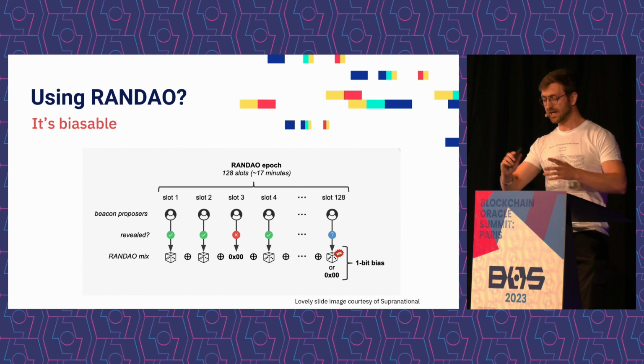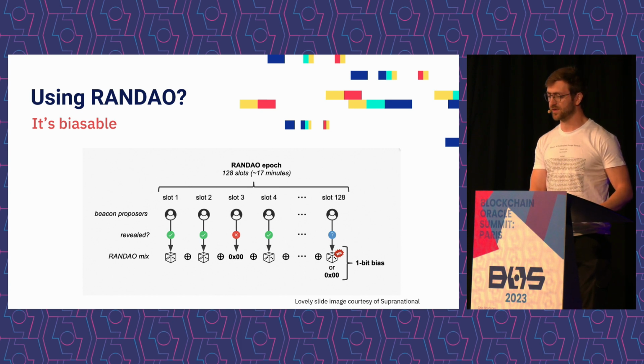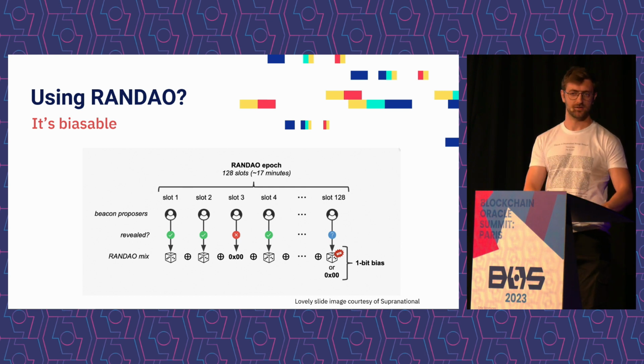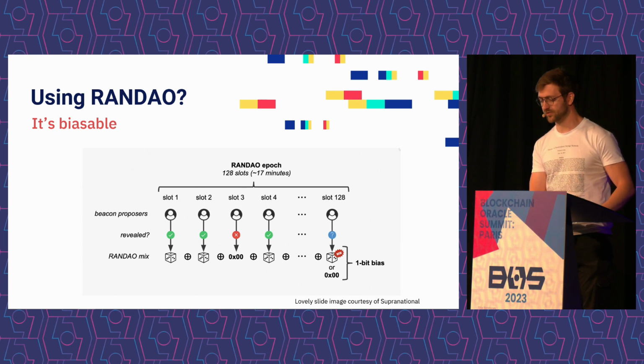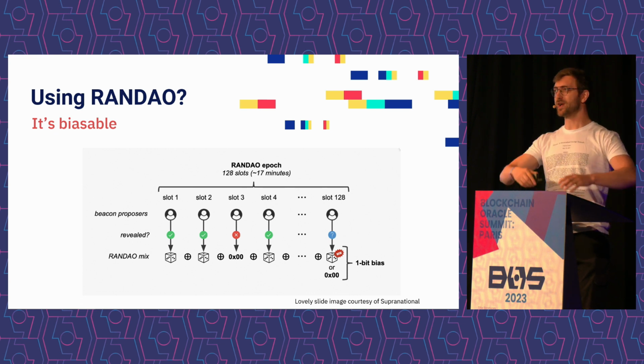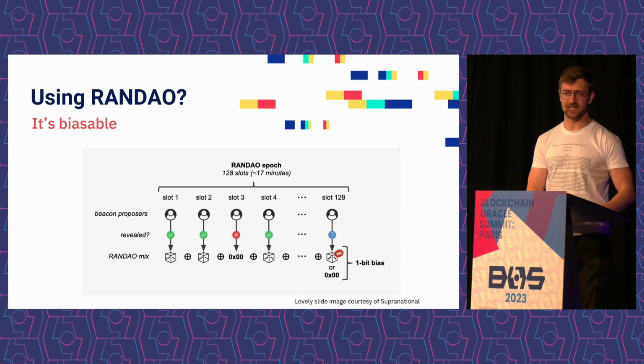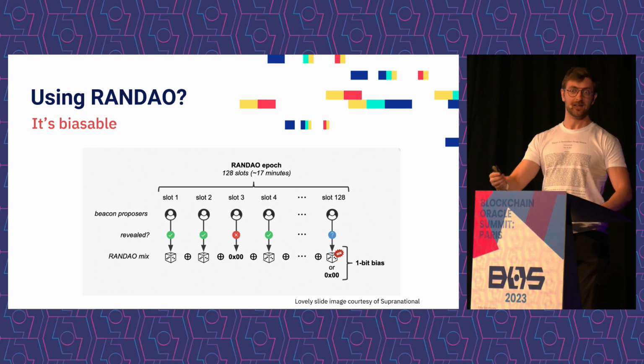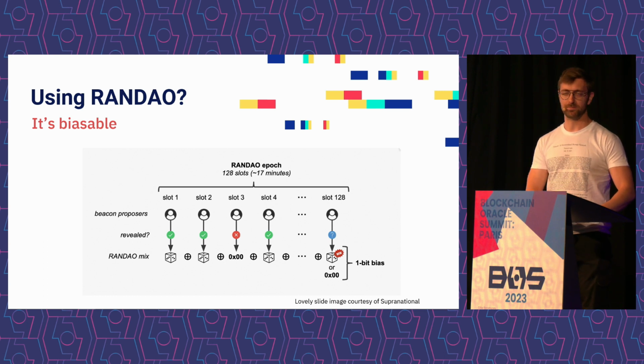Each slot adds up to around a 1-bit bias on the output number. Again, depending on the value of your use case, this might still be enough. If someone like Coinbase, who owns lots of slots in RANDAO, wanted to win your fancy sword NFT in your game, that's probably not worth their time. But equally, if you've got a lottery worth bazillions of Ethereum, then maybe it is worth their time and they might pwn you.